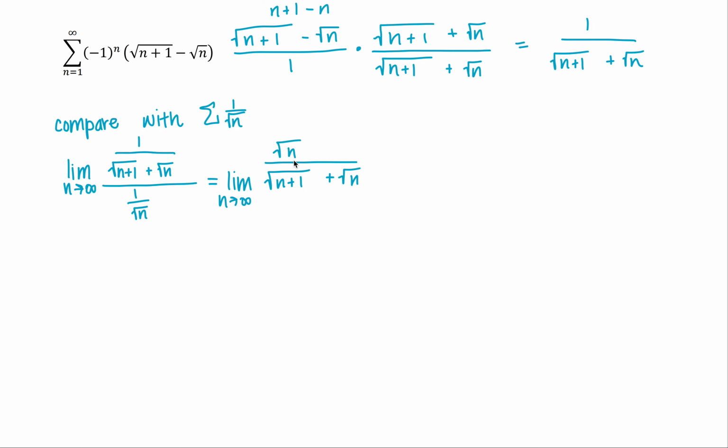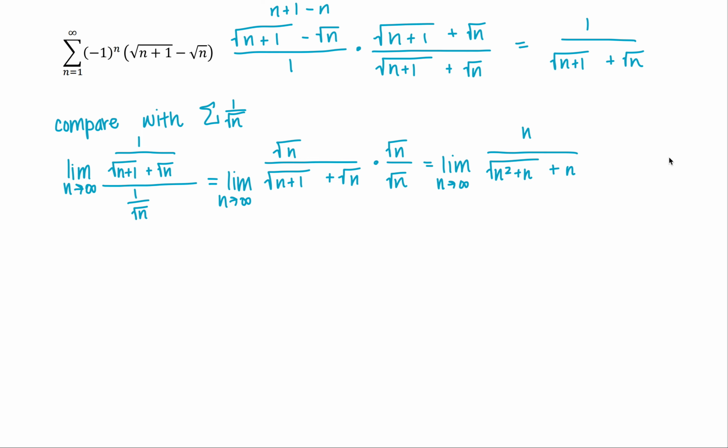Now, we're going to multiply numerator and denominator by the square root of n. This one takes a little bit of algebra, which gives us the limit as n approaches infinity of n over the square root of n squared plus n, plus n.